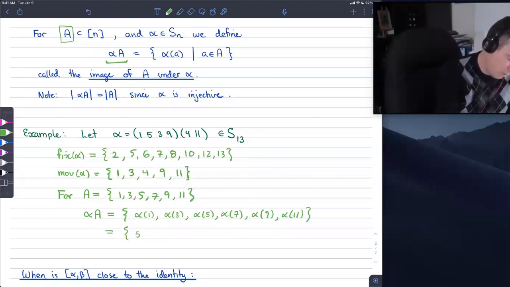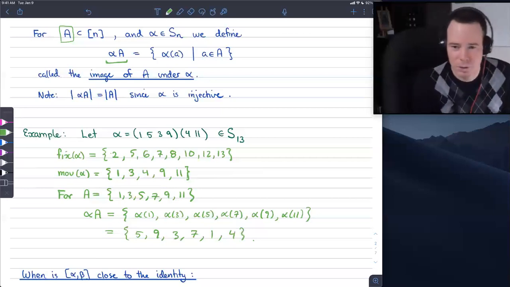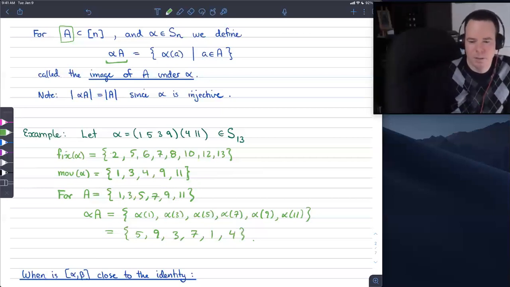Alpha of 1 is 5, alpha of 3 is 9, alpha of 5 is 3, alpha of 7 is itself, alpha of 9 is 1, and alpha of 11 is 4. So that's all that notation alpha A means.